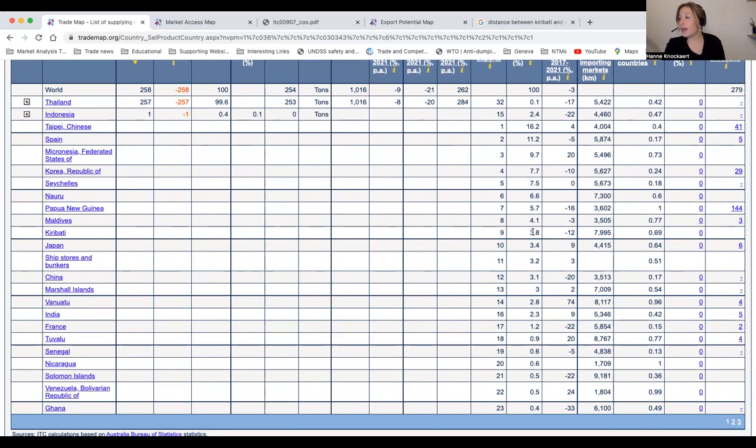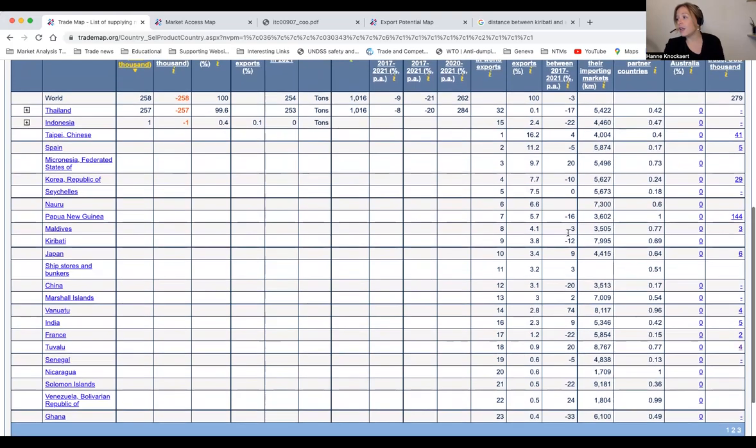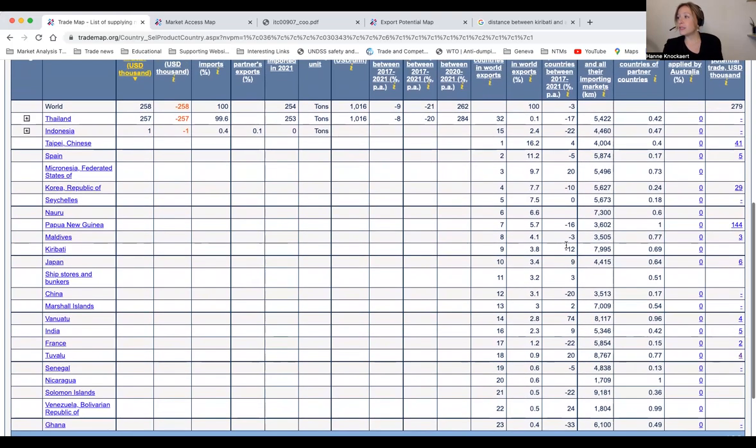If we go and look a little bit deeper into the next columns, you can see that Kiribati at the moment is not growing over the last 5 years. This can again include the COVID-19 situation. So over the last 5 years, Kiribati has on average declined 12% per year. But here in this list, we cannot see if it has already recovered from this COVID situation or not.